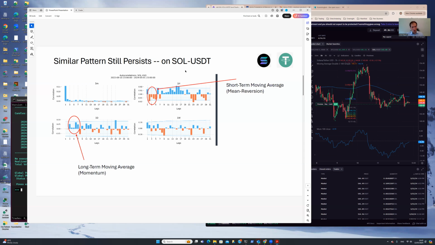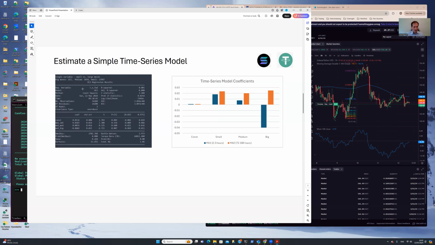It has two groups of lagged returns moving averages. One is based on the returns lagged from 2 to 5 hours, a short-term moving average, and a longer-term moving average based on lagged returns between 2 and 7 days, which is 48 to about 170 hours. Then I estimated time series model coefficients using linear regression.